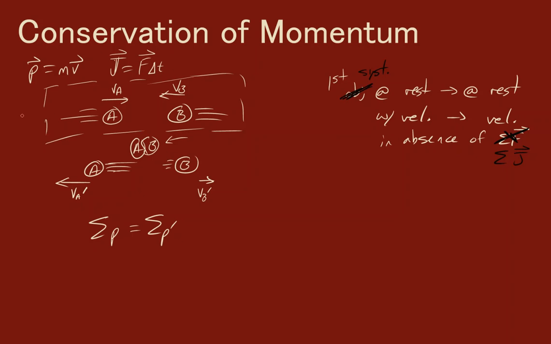So the momentum it has, if we treat this as a box and there's marbles moving around, whatever the box was doing at the beginning, it'll keep doing at the end, regardless of what the marbles are doing on the inside, provided they don't hit the edge of the box, because that'll shove our box, right? So the system at rest will stay at rest. A system with velocity will maintain its velocity in absence of a net impulse. There's no external push here. That's not happening, so the momentum should be the same.